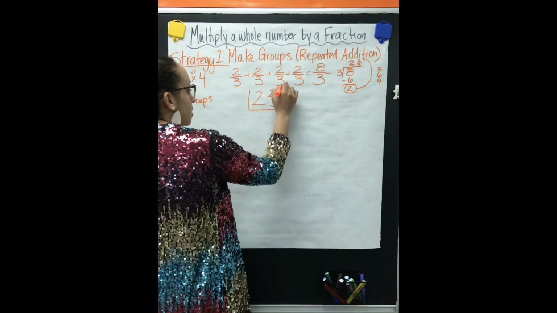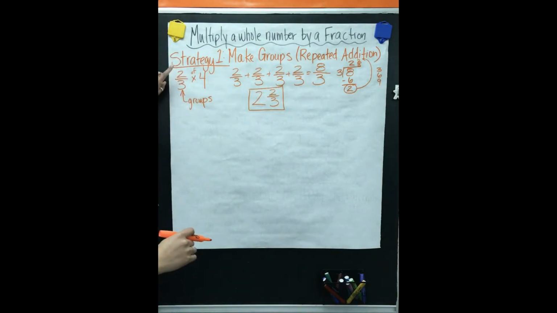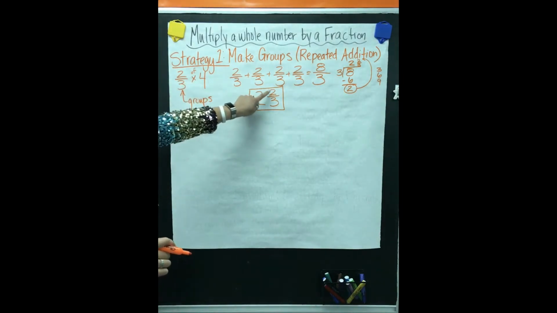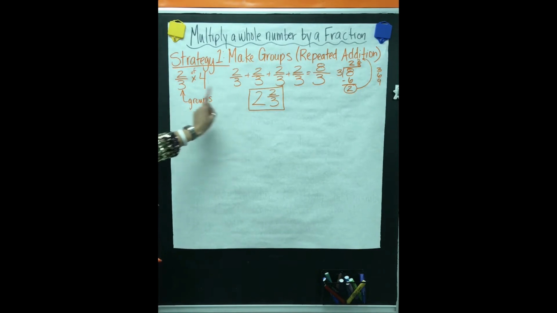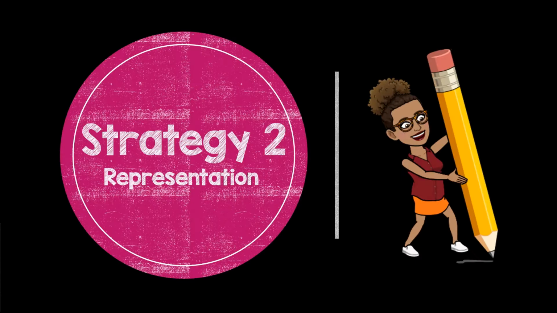So this is our answer. We have 2/3 of 4 equals 2 and 2/3, which is greater or less than 4? It's less than 4, because what we're doing is we're taking a part of our whole.